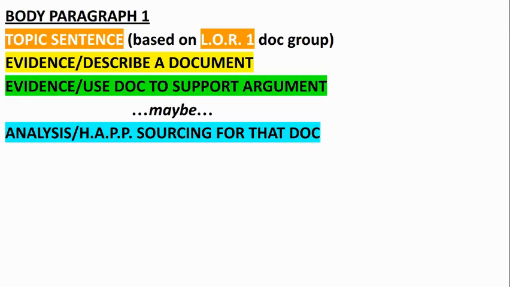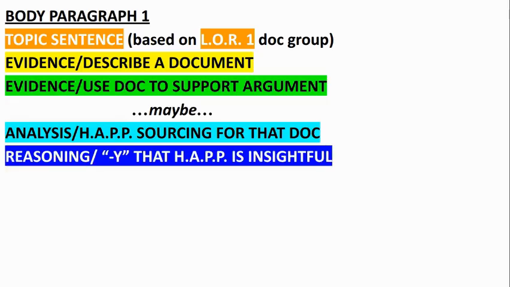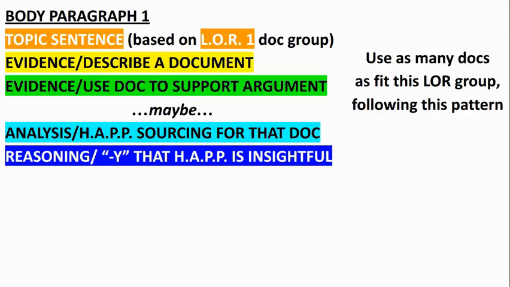Mention, yeah, but this document was written from the point of view of the king, or a rebel, or a peasant girl, and so when we read it, they may have this sort of bias. Why is knowing that insightful to you as a historian as you read? Again, follow this pattern for as many documents as there are in this group. Describe the content of a document, use it to make an argument, possibly do the sourcing.